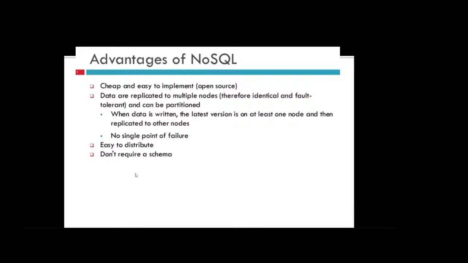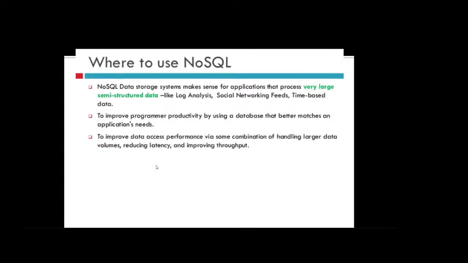One of the main drawbacks of NoSQL database is that it has many duplicate data here and there, and there is nothing that could be done about that. And they don't require a schema and there is no SQL. They are easy to distribute. And where to use NoSQL?